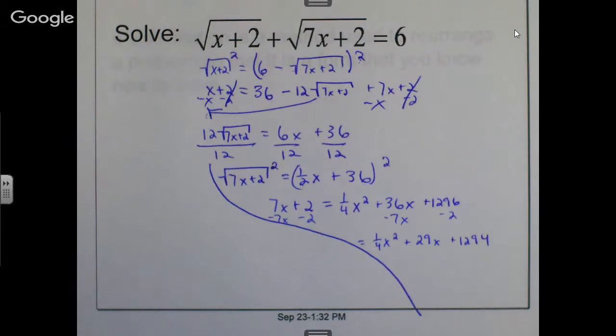Okay. So now we would simply just put it into the quadratic equation and solve it. I'm thinking we made a mistake here somewhere. Let's look.